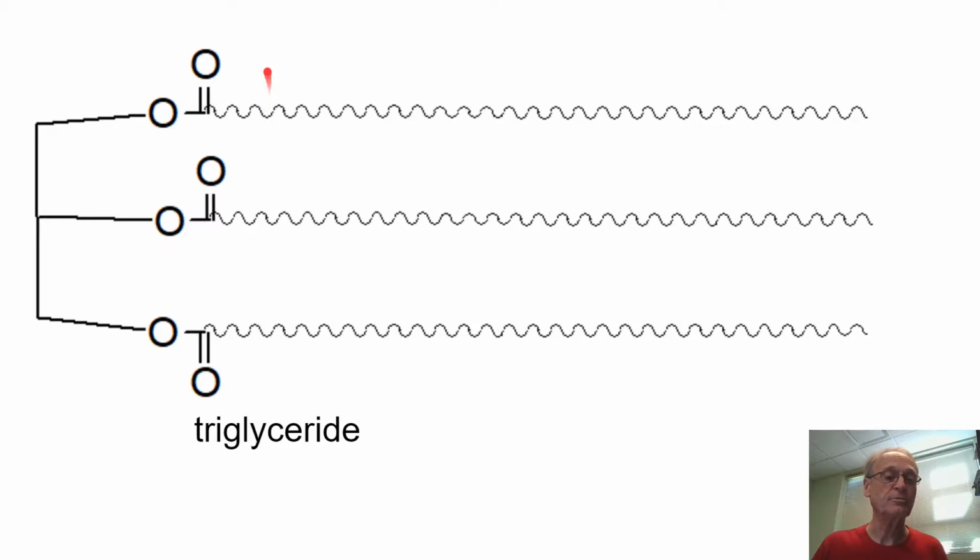So this is an ester group, this is an ester group, and this is an ester group. And so therefore this is a triester. If the 3 groups attached to the double bond O are long chain fatty acids, then we call it a triglyceride. You may have heard one of the blood tests that's very commonly done for people is to see what your triglyceride level is. This is what they're talking about, triglycerides.